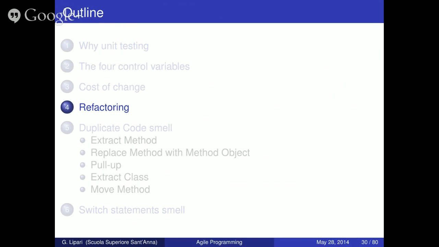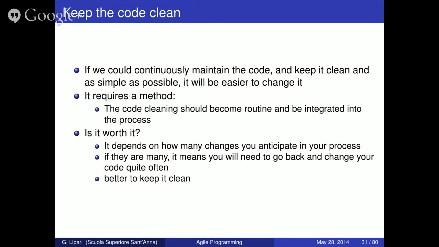So the idea behind refactoring is that if we could continuously maintain the code and keep it clean and as simple as possible, it should not be too difficult to change it, right?